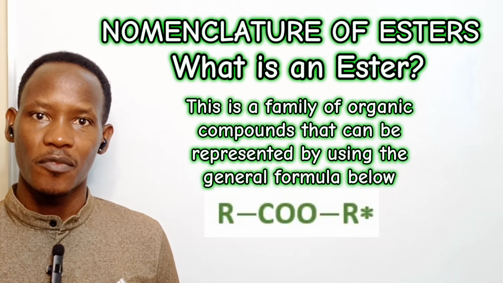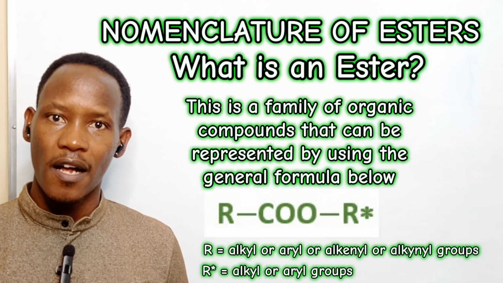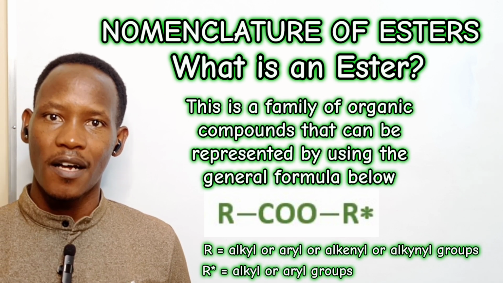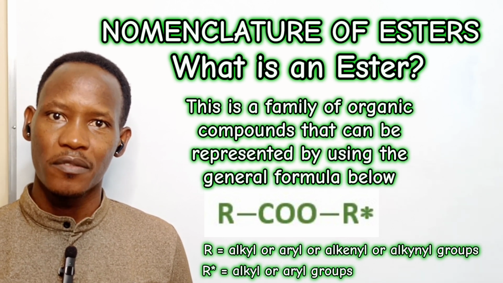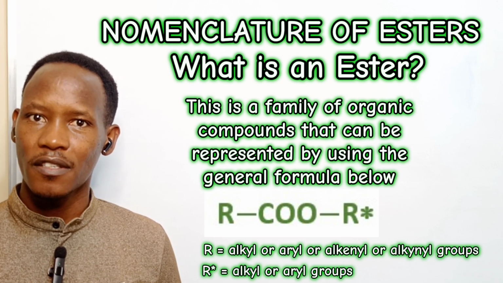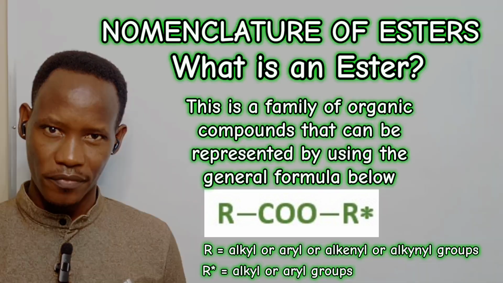Notice that in the formula displayed there, R strictly stands for alkyl or aryl or alkynyl groups, while R with an asterisk strictly stands for alkyl and aryl groups.